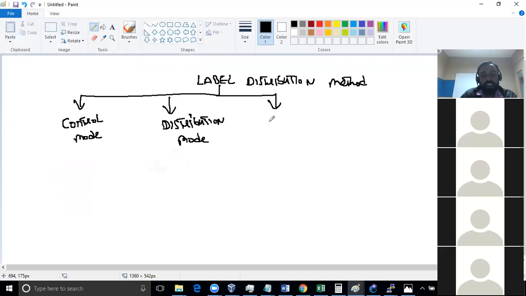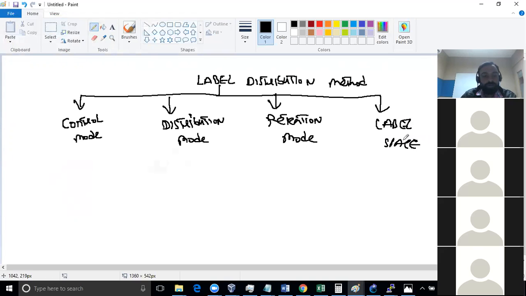Third one is known as retention mode. And next one is known as label space. So control mode means how the protocol is going to bind the label to the IP prefix.